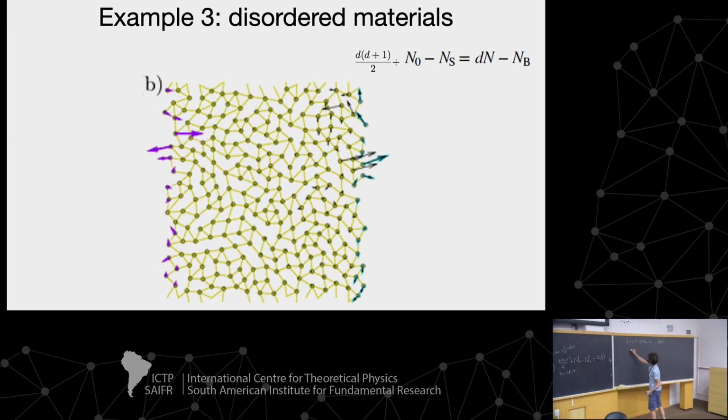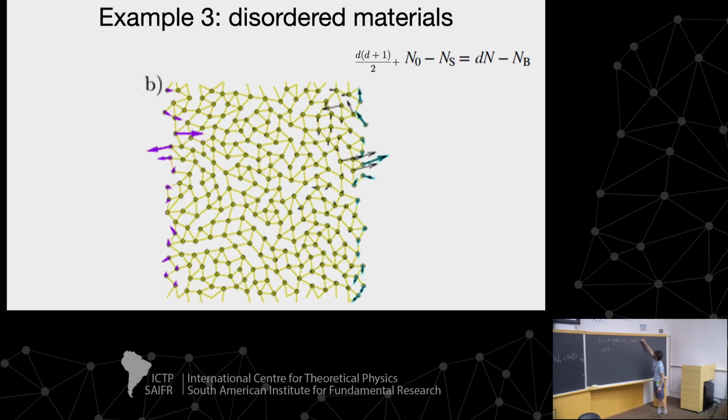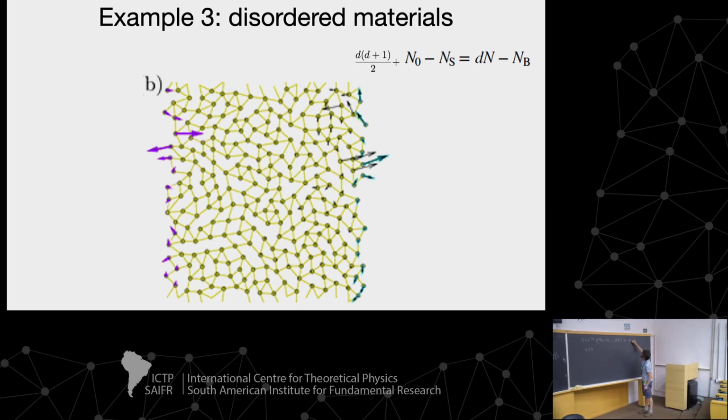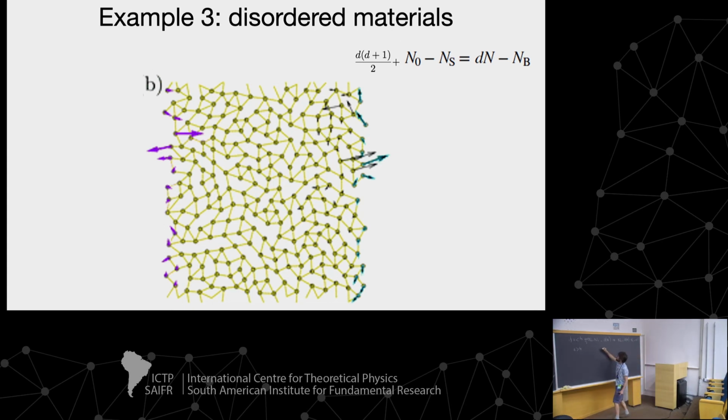Okay? If now z is larger than 4, so if you're hyper-coordinated, what you can imply from this is that n0 is typically of order 1, and that ns is growing like n. This one was actually an exact result, I don't need to approximate it.